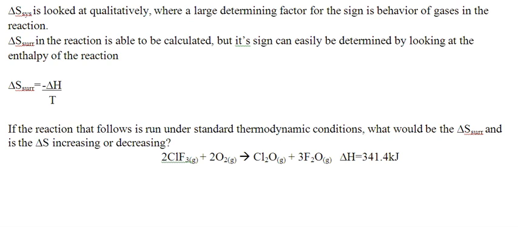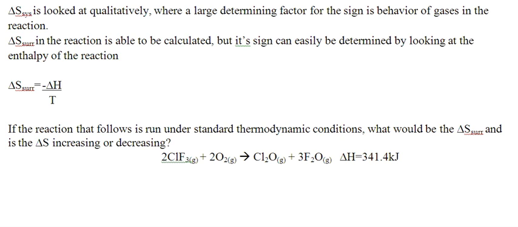And often a large determining factor for the change in entropy of the system is going to be the sign, obviously, which will be determined by the behavior of gases in the reaction. So in other words, when you are increasing the number of gas parts as you go from reactants to products, you are going to have an increase to the entropy of the system, which means a positive value.